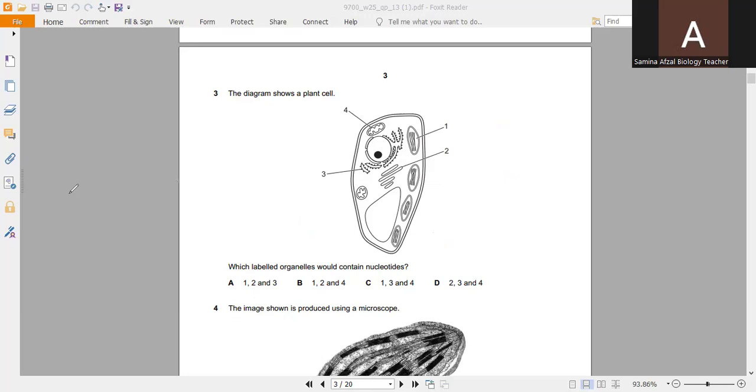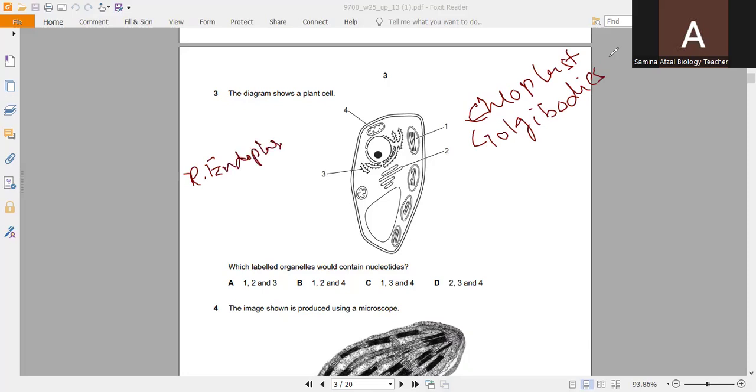At number 4 is the chloroplast, and number 2 is the rough endoplasmic reticulum, and at number 4 is mitochondria.